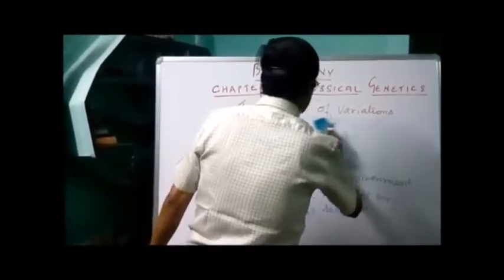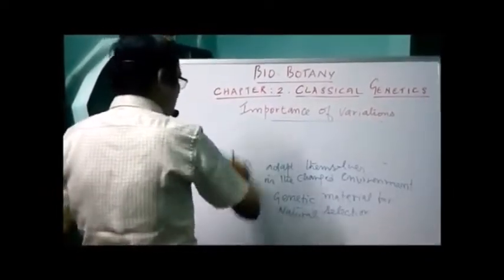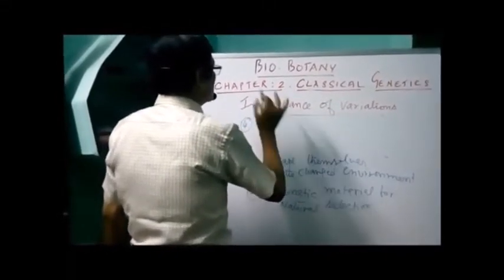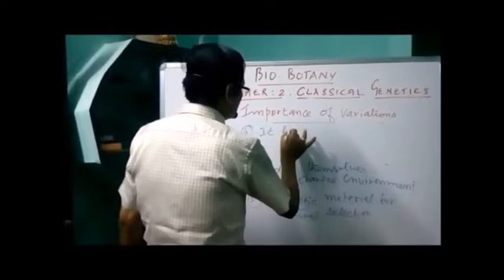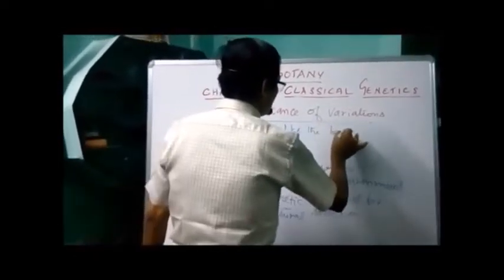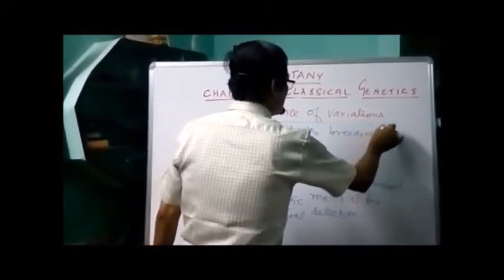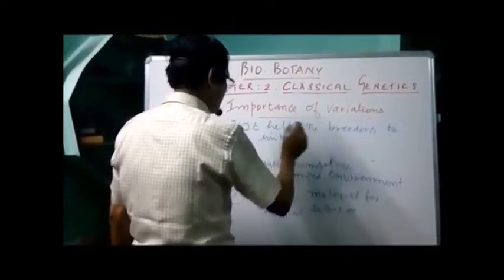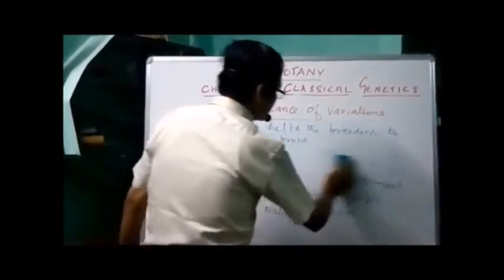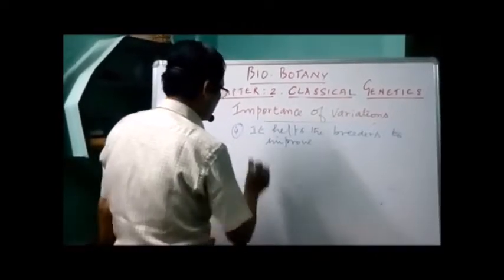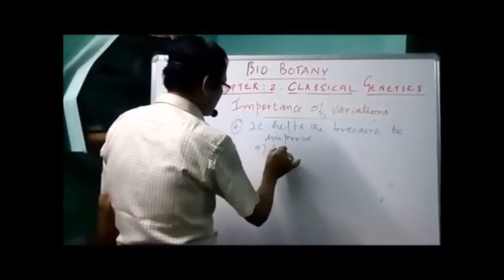Now the fourth one, for breeders, those who are doing the breeding methods. The variation helps the breeders to improve the following. Number 1, better yield, in plant breeding or animal breeding.